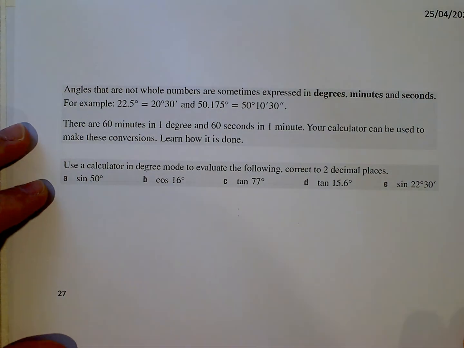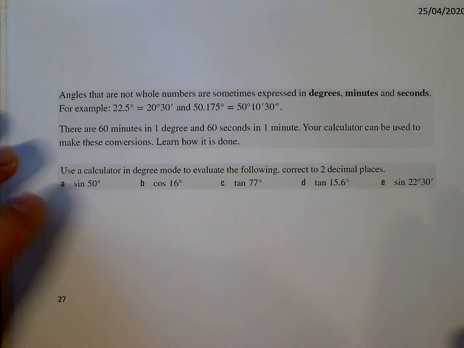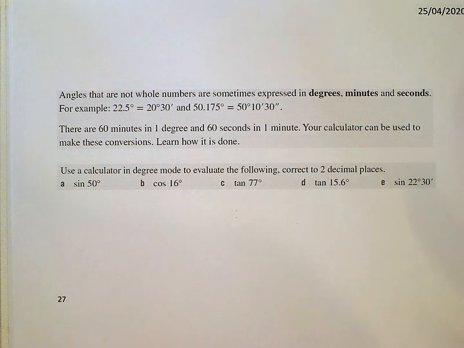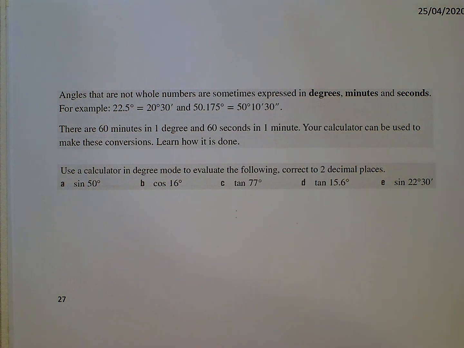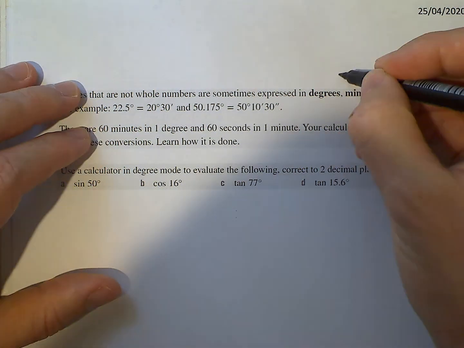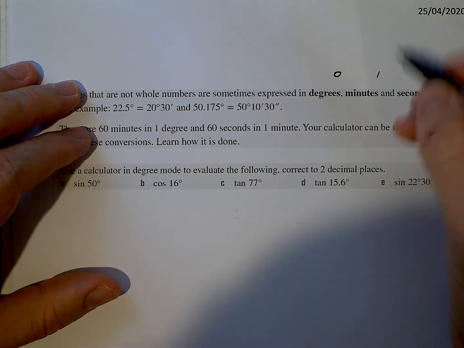Actually, I need to go over one quick thing before we do our examples. Now, usually when we count numbers, we count in terms of 10, because we have 10 fingers. That's how we have a base 10. But sometimes we have base 60. Base 60 is in clocks, in time, and it's also in degrees. So if we're measuring degrees, it goes degrees, then minutes, then seconds.